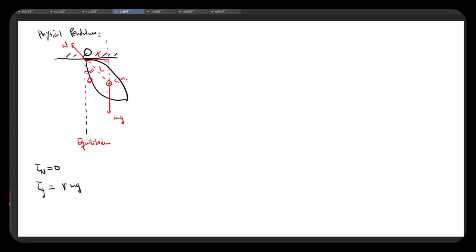And the effect of gravity is pulling down the object, so the object will rotate this way, in the clockwise direction. So that's why we need to add a negative sign here. That's negative torque, and that gives us the torque that we need for the differential equation.